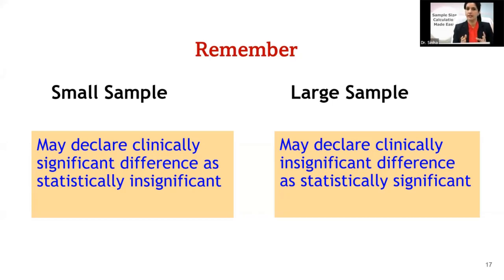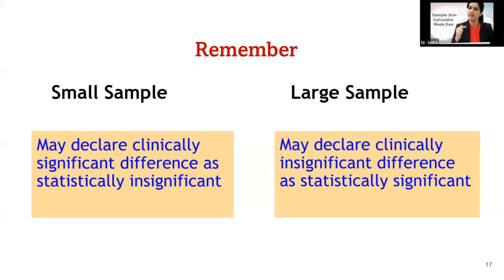So the deviations from an adequate sample size could be of two kinds: in one case the sample size is very small, and in the other scenario the sample size is very, very large. So what is the problem with a small sample?